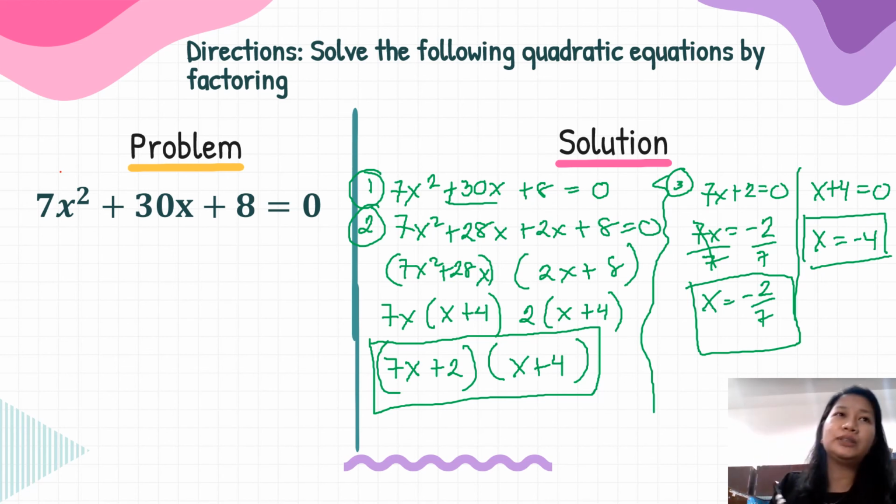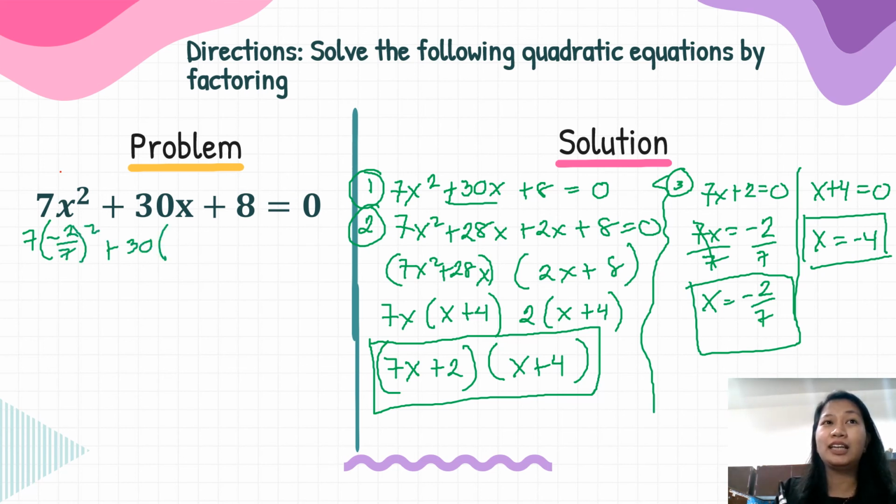So, check tayo. Substitute lang natin. Let's start with negative 2 over 7. So, 7 times negative 2 over 7 squared plus 30 times negative 2 over 7 plus 8 equals 0.